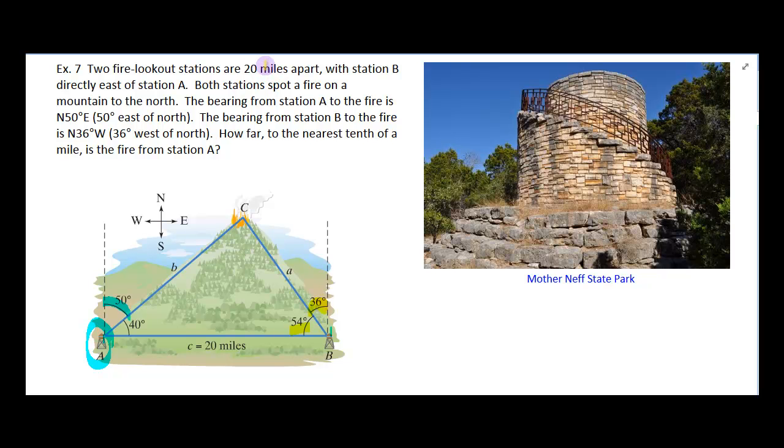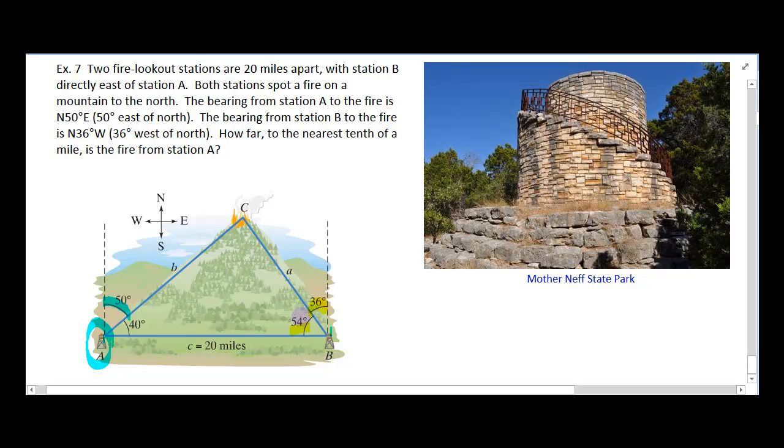So that's the information I'm given, and I now have to apply what I know to find the distance from the lookout station A up to the fire. Since that is side B across from angle B, we are going to use the ratios as follows.